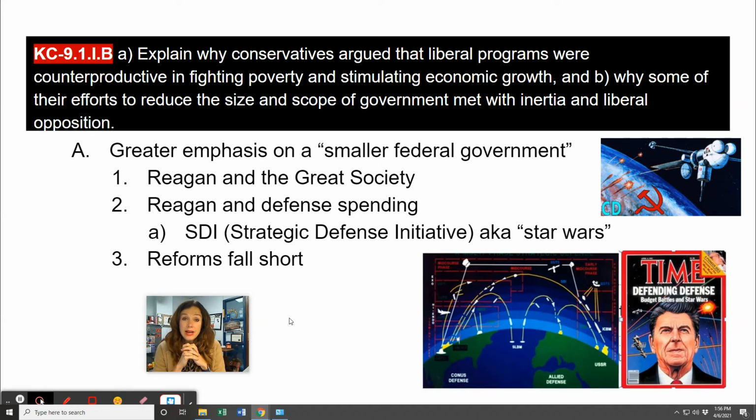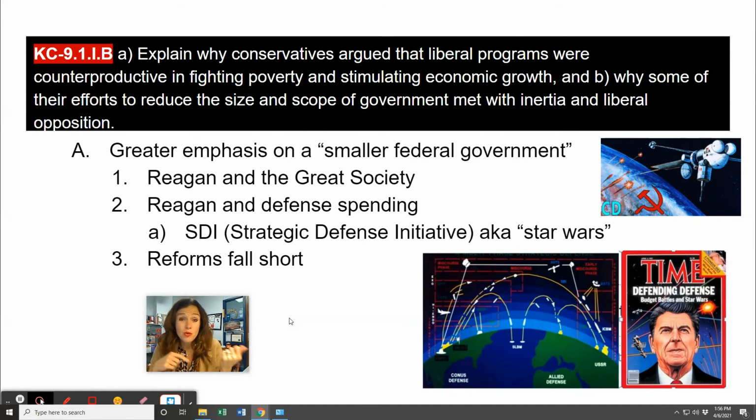He and his team create a program called SDI, the Strategic Defense Initiative. It is where we are going to have satellites in outer space, and our satellites are going to intercept and destroy Soviet intercontinental ballistic missiles, ICBMs.